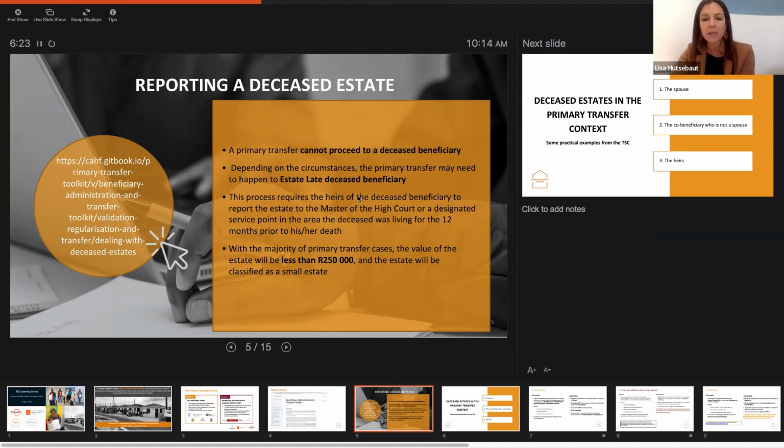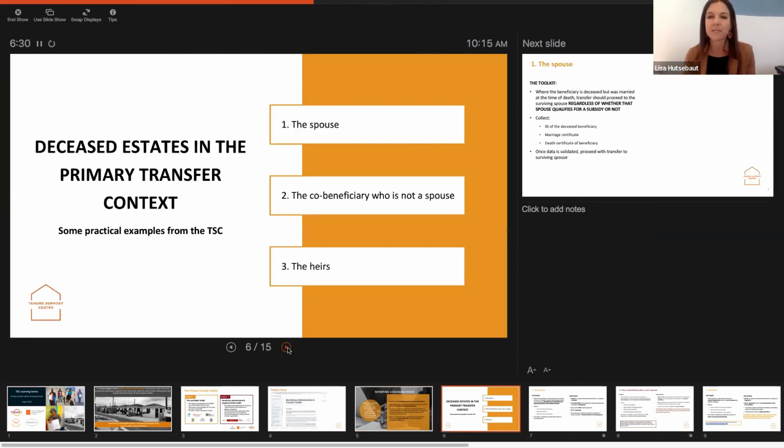Okay, I think we can move on to the specific scenarios that we have come across in the work we've done in Khayelitsha. I'm going to be dealing with 3 specific scenarios today: the spouse of a deceased, a co-beneficiary of a deceased who is not a spouse, as well as other heirs of a deceased beneficiary.